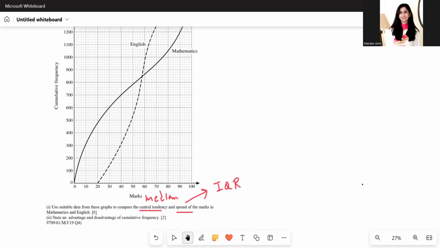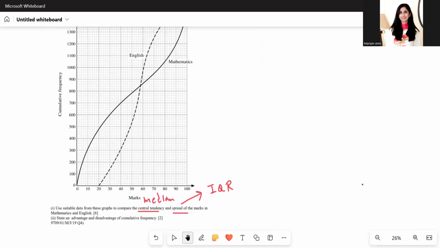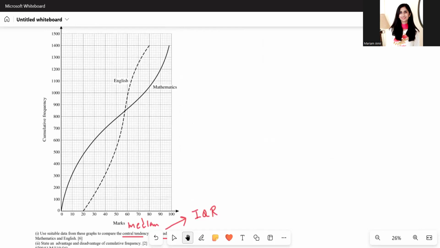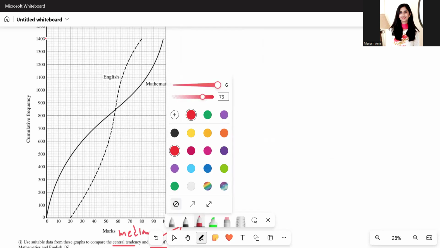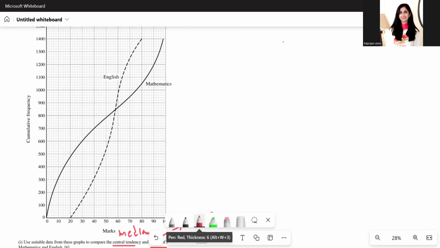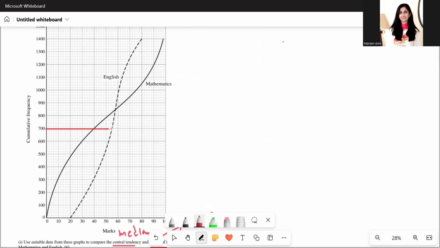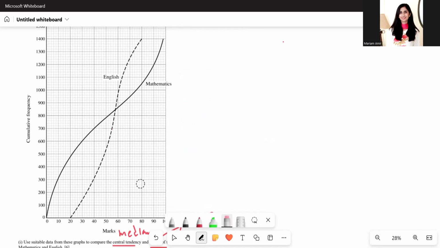Okay, so let's start by looking at the median scores for both of these tests. Median is at 50%. The highest value on our graph is 1400. Halfway is 700. So the median is this value, which is around 57.